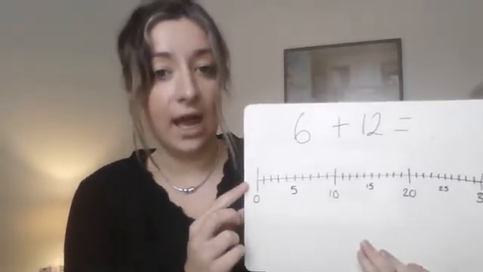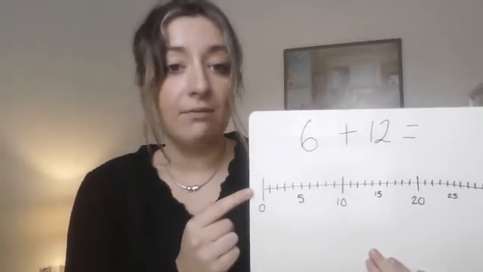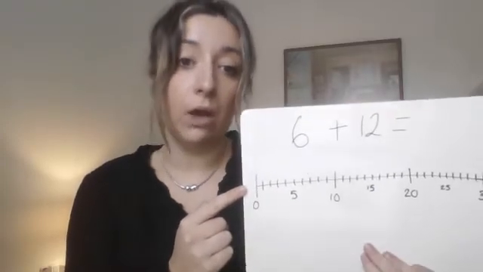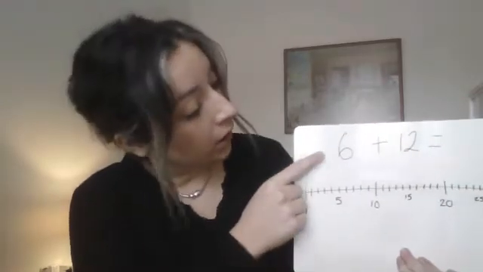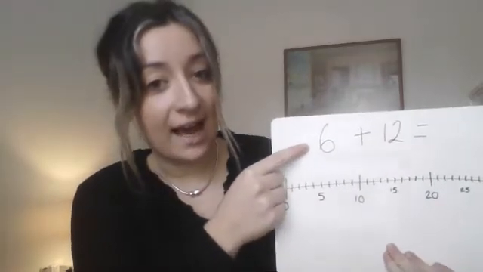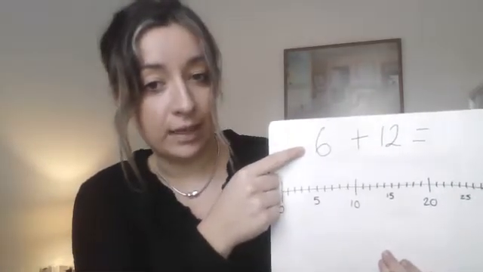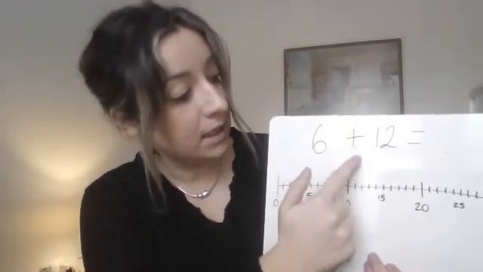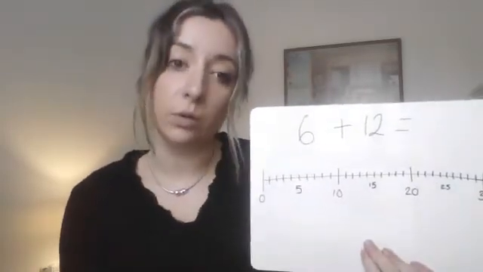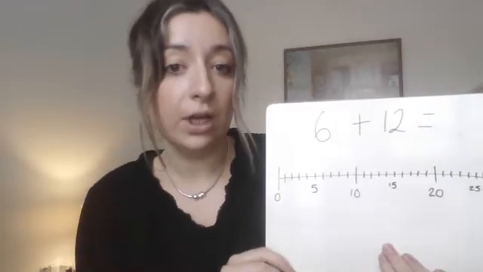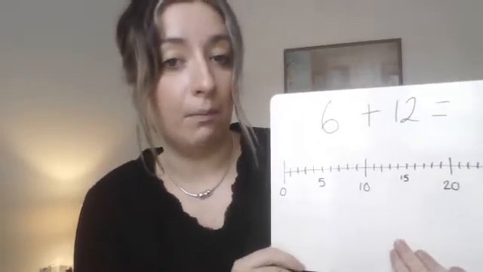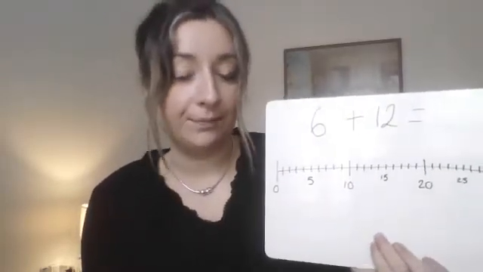Above my number line, I've written my own sum: 6 add 12 equals. So 6 plus 12 equals what? I'm going to start on the number 6 on my number line.